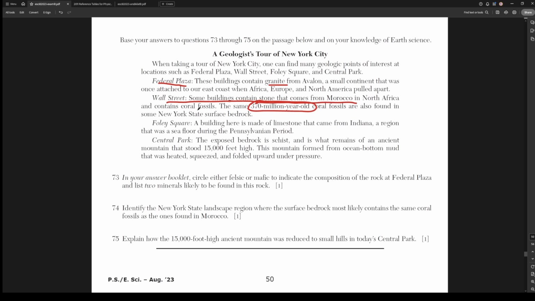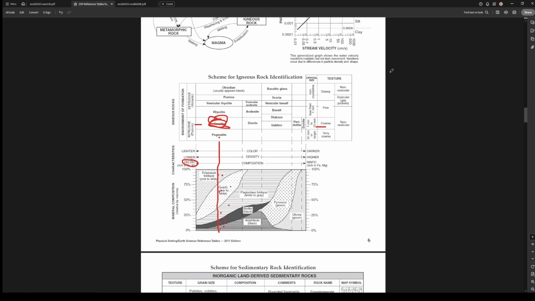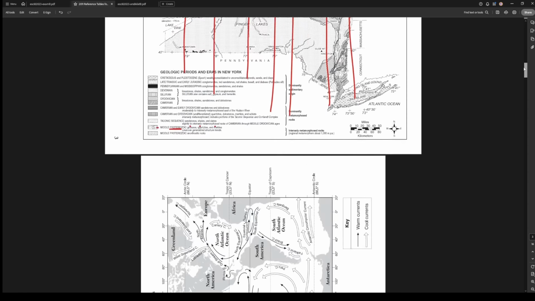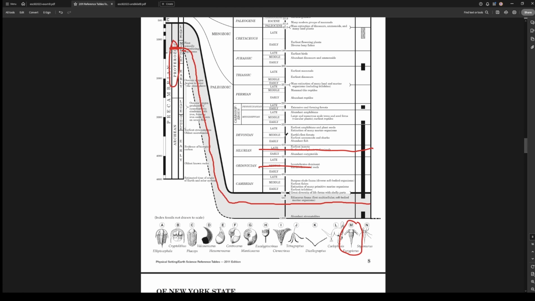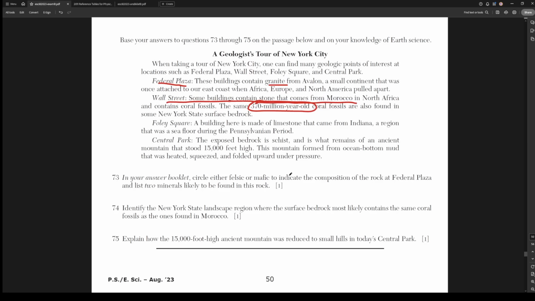And any other hints here? Alright, well, let's go check if we see anything here. 370 million years ago would be here. Wow. So it's Devonian. This is hard. Okay, so we need Devonian.